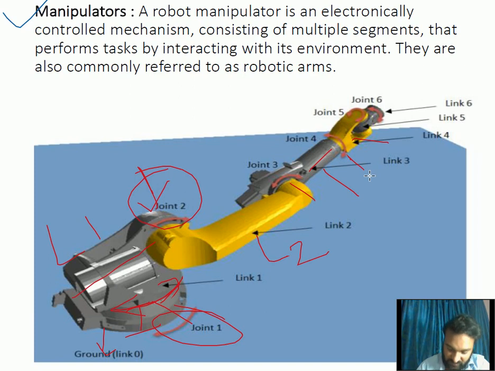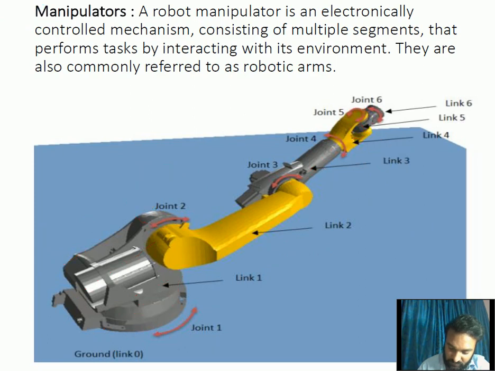Again, link 4 and link 5 are connected here, this axis. See this axis. So it will become joint 5. Next, there is a small part, we will see in the coming slides.